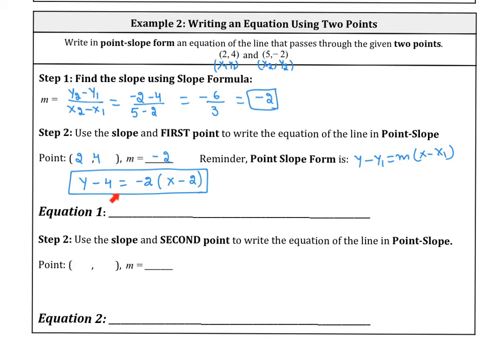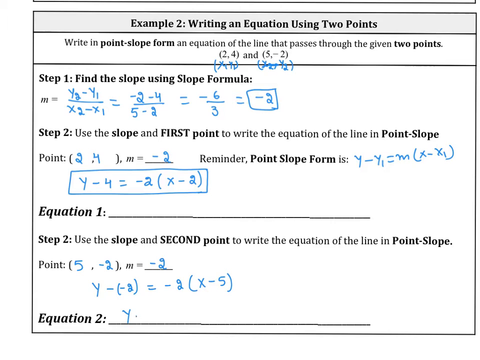So we found equation number 1, and now step number 2 is to use the slope and the second point to write the equation of the line in point slope form. The second point is x2, y2, this is (5, -2), and the slope is -2. So y minus -2 equals -2 times x minus 5.